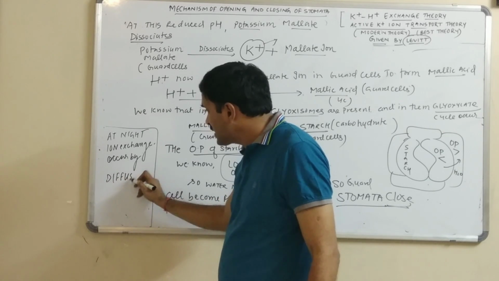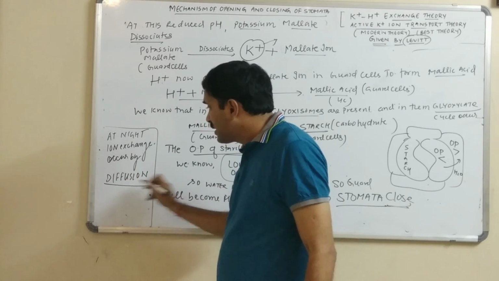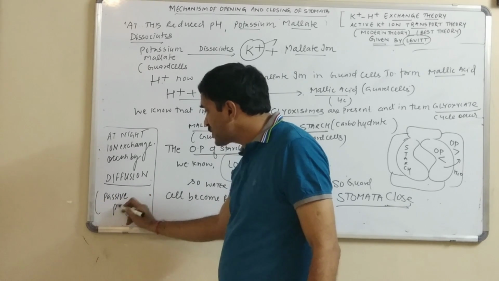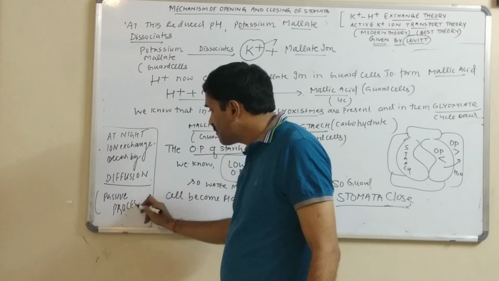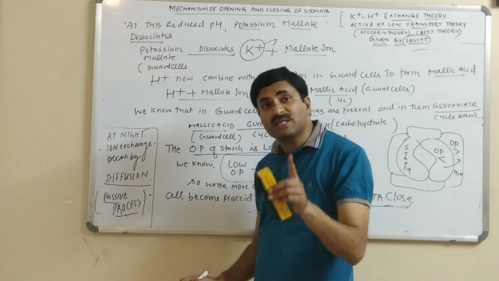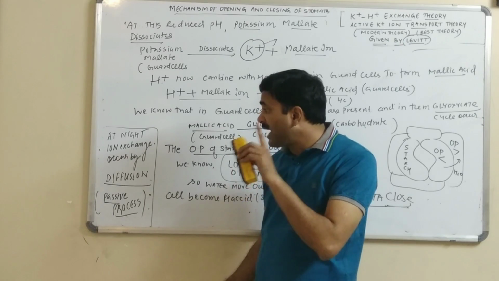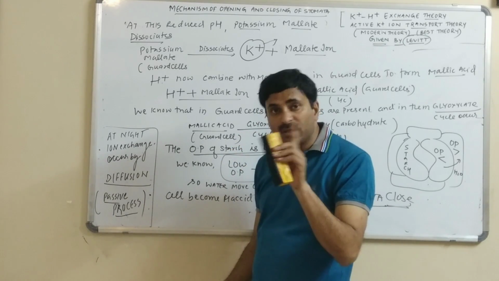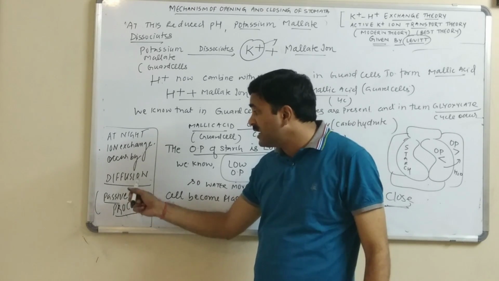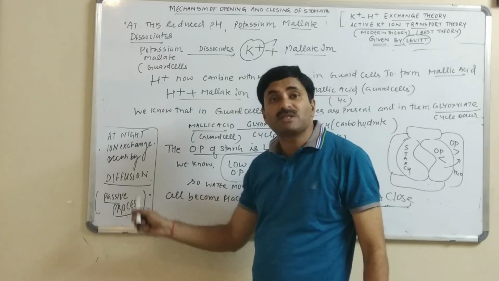Always remember, the ion exchange occurs by diffusion, and you know very well that diffusion is a passive process and doesn't require energy. So if the question is asked how ion exchange occurs at night, the active H plus K plus pump is not continuing. Basically it occurs by the process of diffusion, which is a passive process.